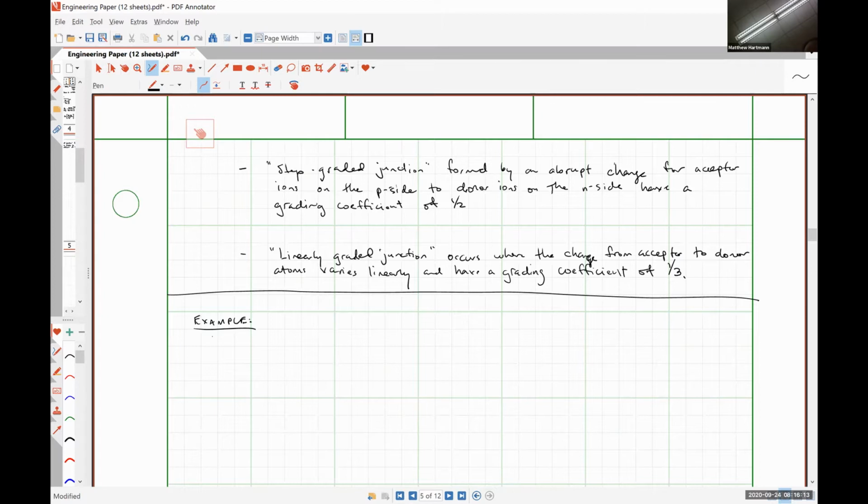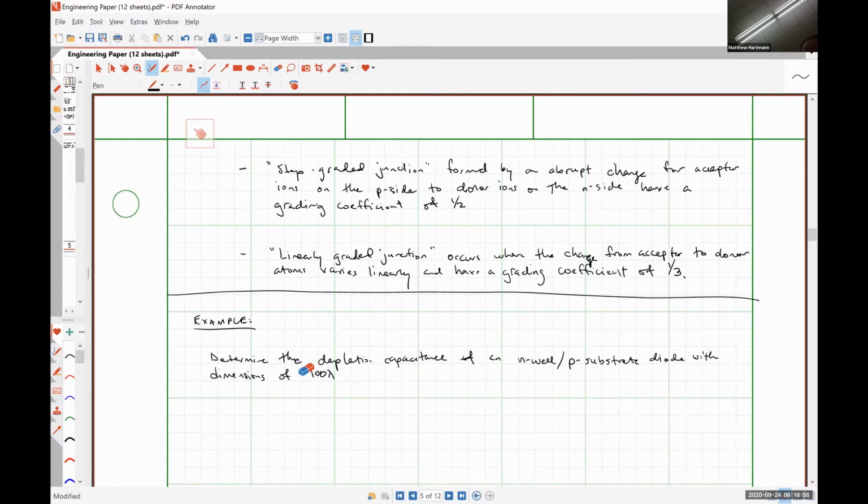Let's say that we want to determine the depletion capacitance of an N-well P-substrate diode with dimensions of 100 lambda.